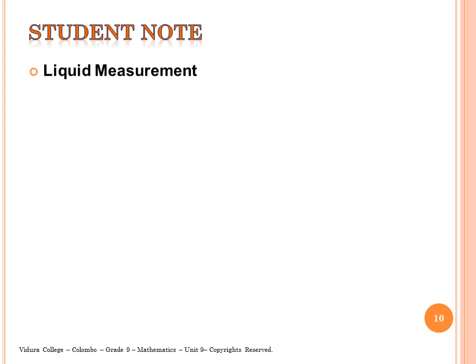That's all about volume and capacity in the lesson liquid measurement. Hope you all understood the lesson well. Now you can copy down the student's note. First, write down the main topic, liquid measurement. Next, the subtopic, volume and capacity.